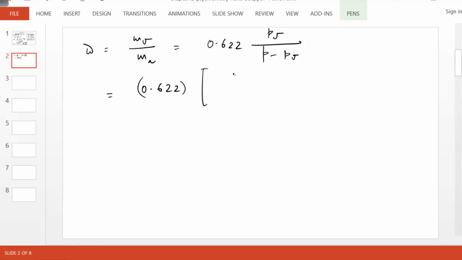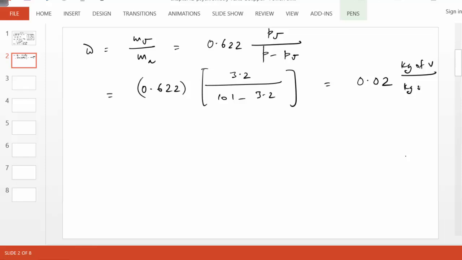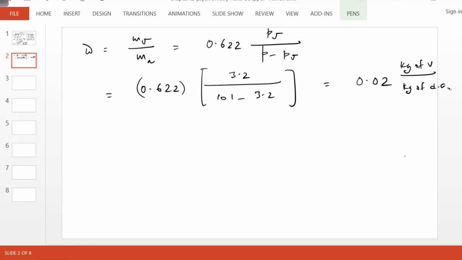PV we just showed is 3.2, over 101 minus 3.2, and that turns out to be approximately 0.02. And the unit will be what? Kg of vapor per kg of dry air, right?